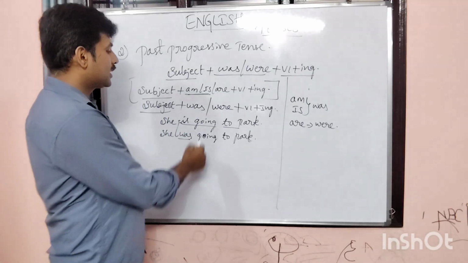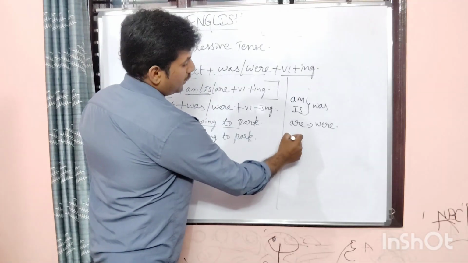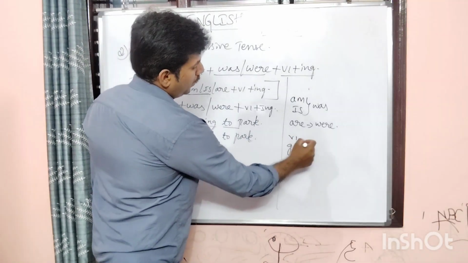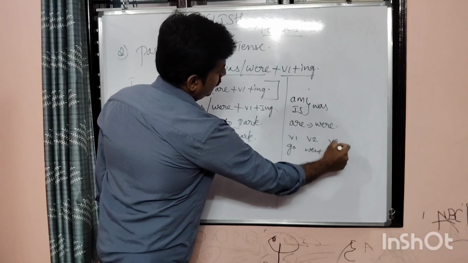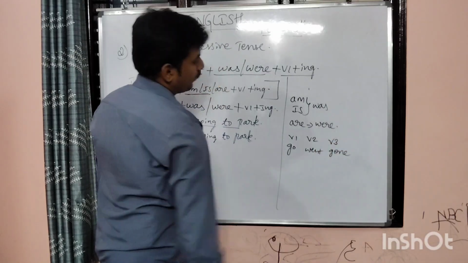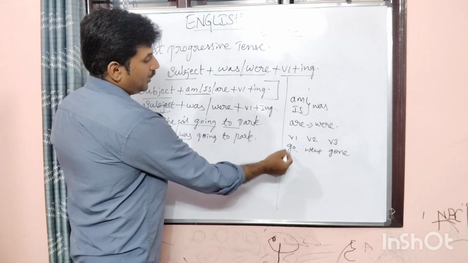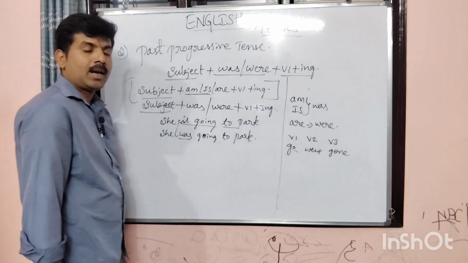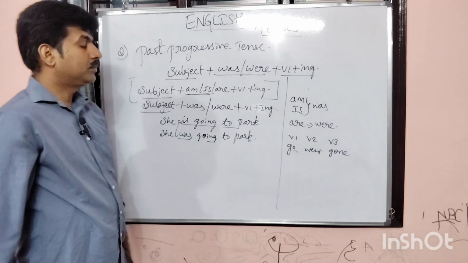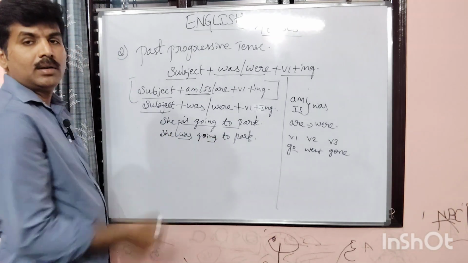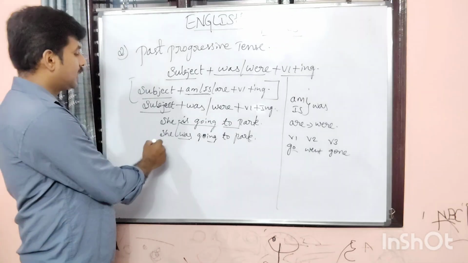Okay, the slight changes. Go, went, gone. You may know that the verb one is go, verb two went, verb three gone. Okay, here go is the common action word. We add the ing form according to that rule. The same thing happens like that.